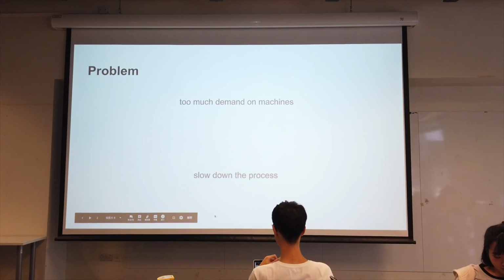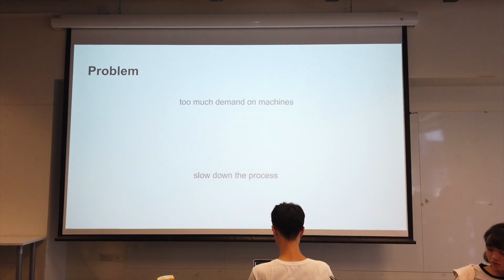So we think the current problem is that there is too much demand on machines. An interesting thing we saw is that when there were not many customers, the cashier was empty, but many of the customers were lining up at the machine.